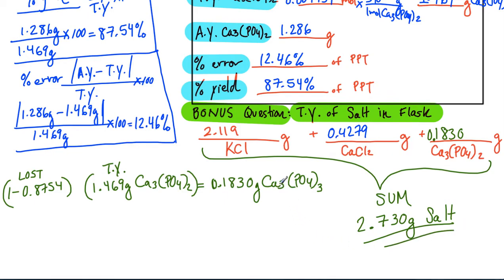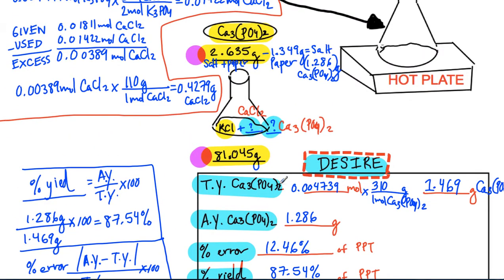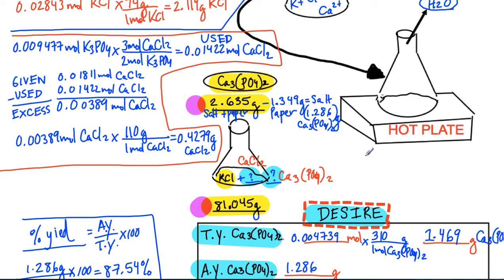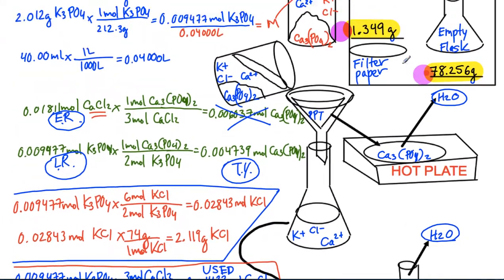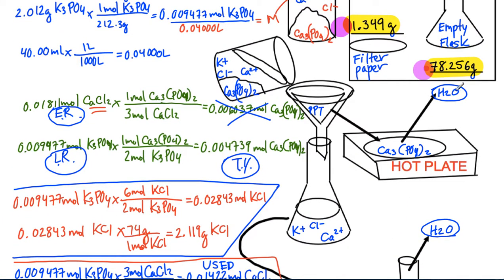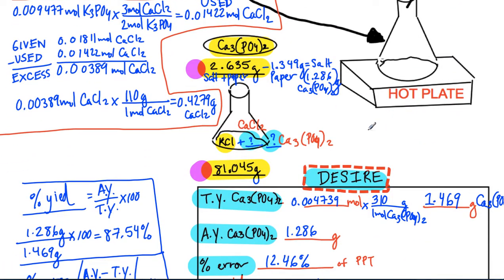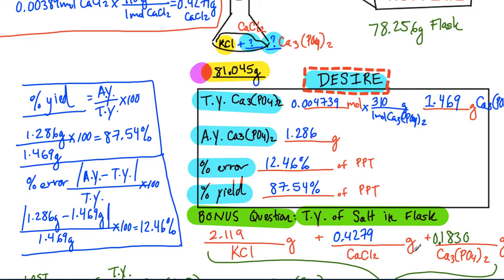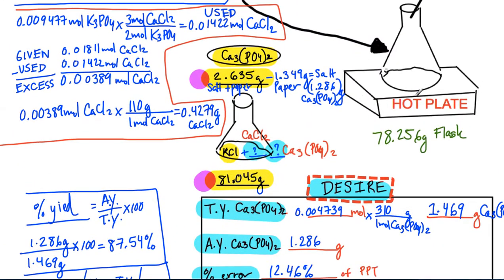It should be 2.730 grams of salt in this flask. So now if we took the original mass of this flask, which was 78.256 grams, which is just the flask, and then we added it to this 2.730 grams, which is the salt that we should have.